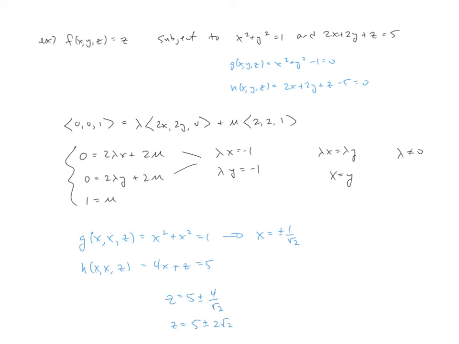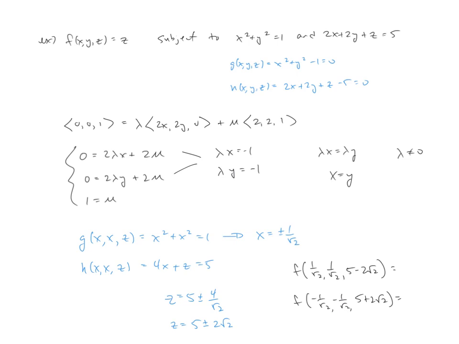So if we're trying to find the maximum and minimum, I'll go ahead then and say that f of 1 over root 2, 1 over root 2, 5 minus 2 root 2 is something to look forward to. And then f of negative 1 over root 2, negative 1 over root 2, and 5 plus 2 root 2 is the other thing that we would have to compute.